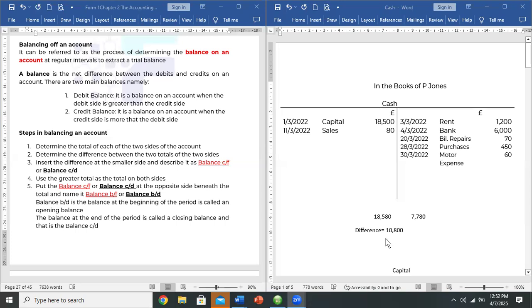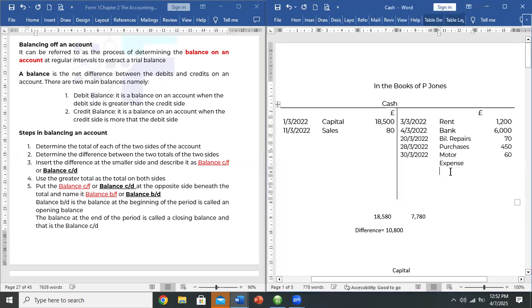So the step is that we insert that figure at the smaller side. So we'll put the 10,800 here. That's what the point is saying. And describe it as balance CF or balance CD. So after putting that difference there, describe it as balance CF or balance CD.